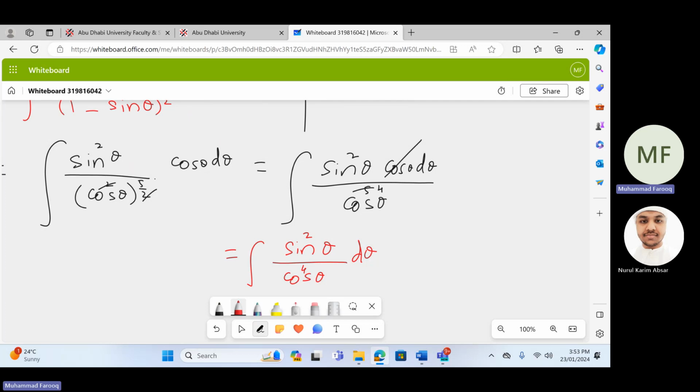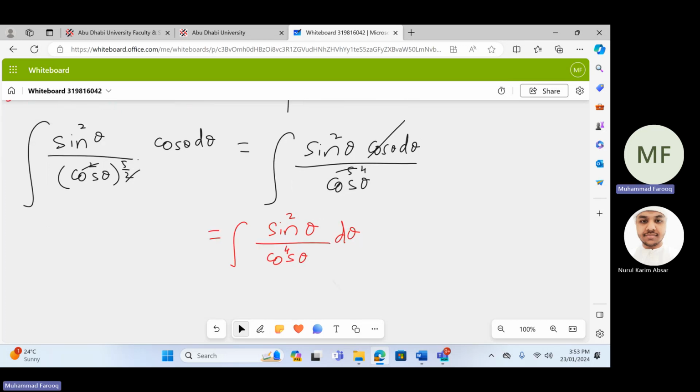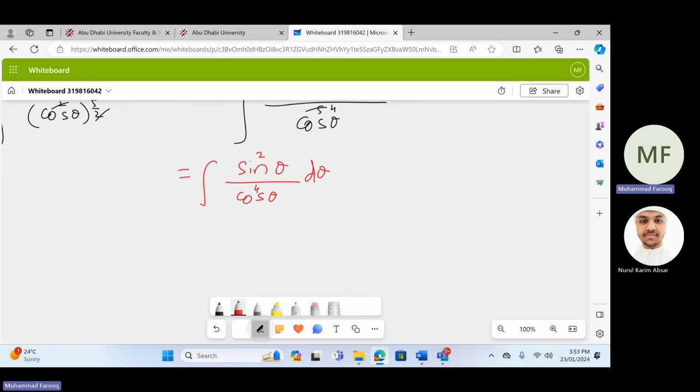No, but when it's not 1 over sine, it's 1 over cosine square. Use a combination of these. Yes, you're right. So here, as she said correctly, we have sine square theta and this cosine square, right? Cosine square times cosine square theta times 1 over cosine square theta.